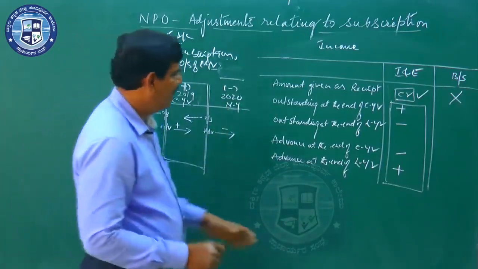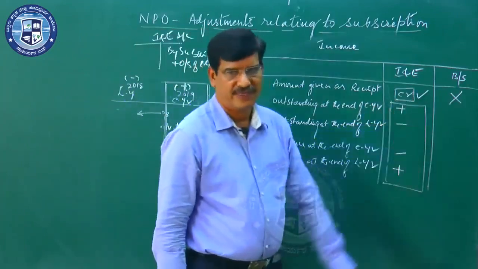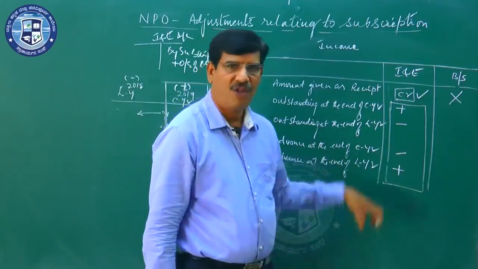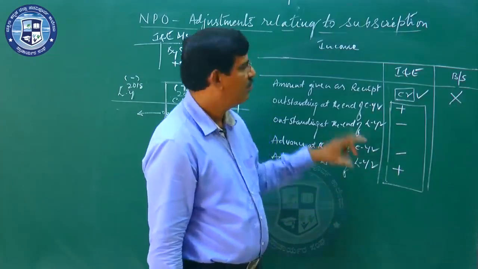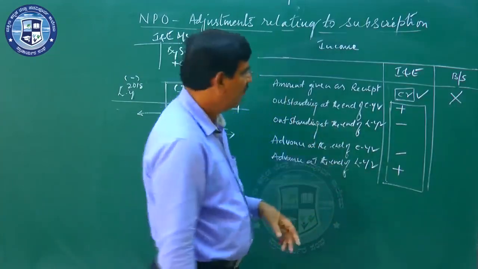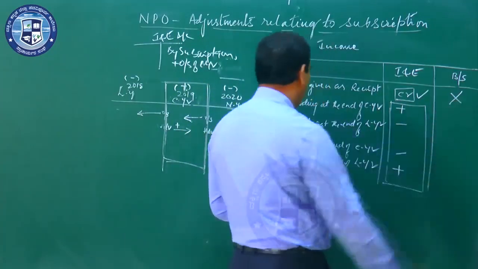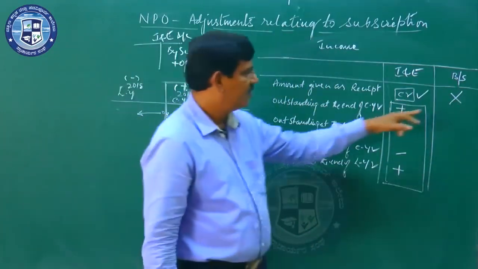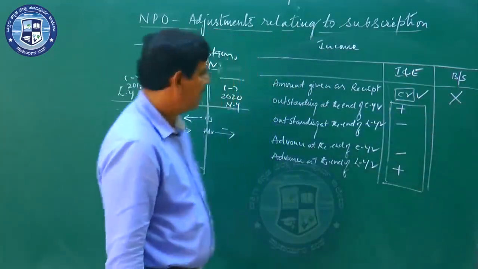Now we have given only the half effect because we have selected the items from the adjustment and all the adjustments have to be entered twice. They have double effect, so you have to enter them in balance sheet also. Now let's see whether we have to write these items on the asset side or liability side.